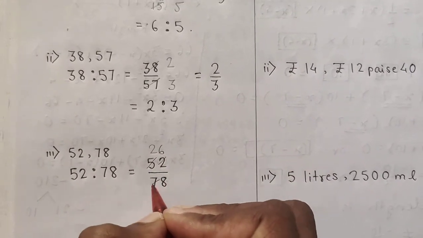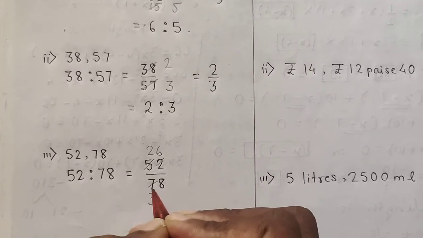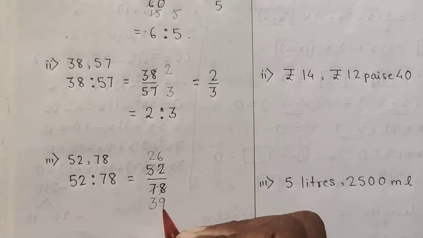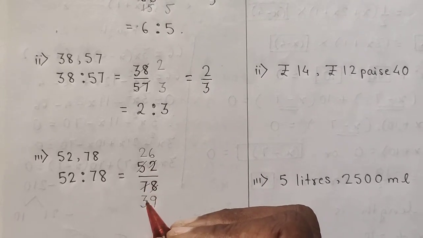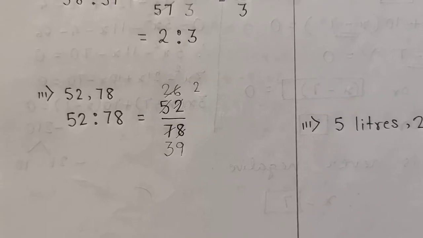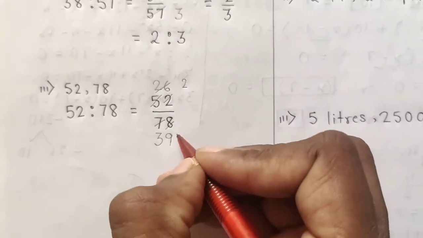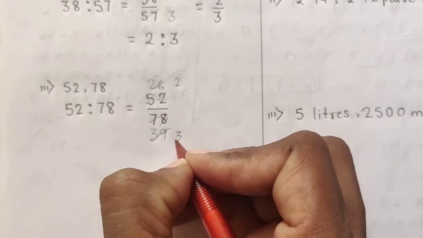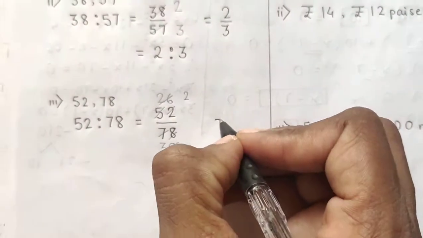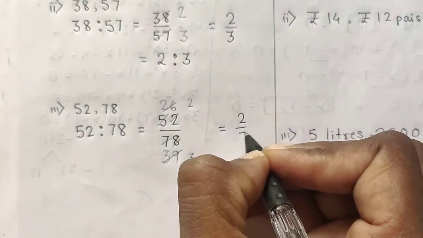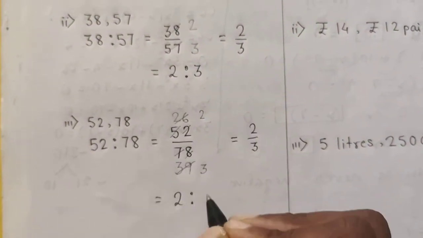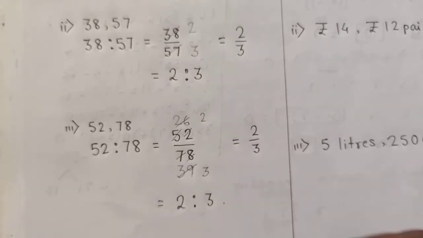Again do the cancellation by 2. 2 threes are 6, 1 is remaining. 2 nines are 18. Now you have to do the cancellation by 13. 13 twos are 26 and 13 threes are 39. So in this case you are getting your answer as 2/3. So we can write our answer as 2:3.